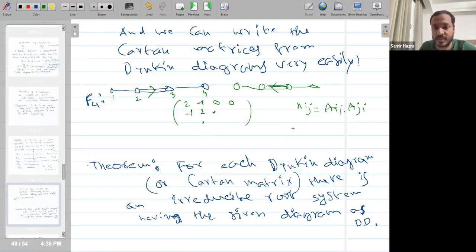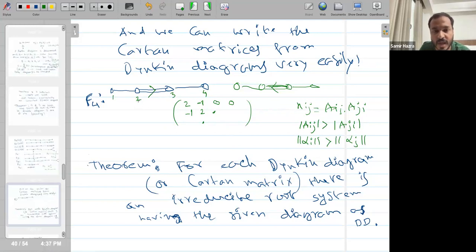We have seen in a previous slide that if mod of Aij is bigger than mod of Aji, then the norm of alpha i is bigger than the norm of alpha j. So here, this is alpha 2, this is alpha 2, and this is alpha 3.